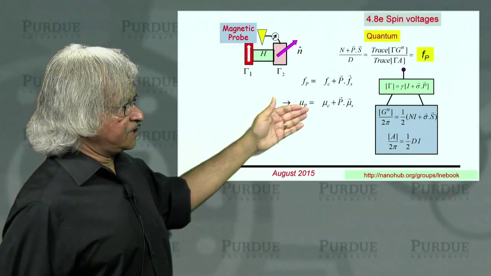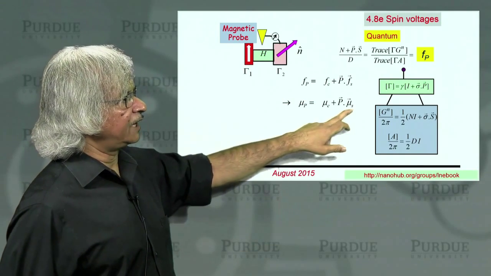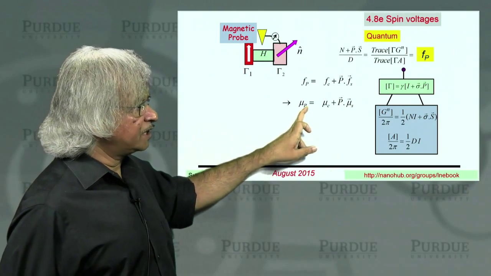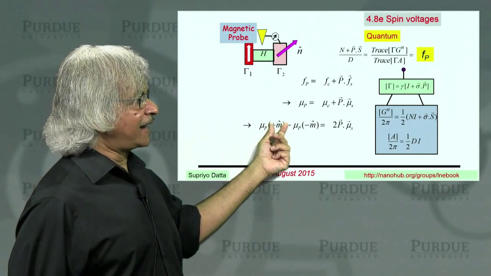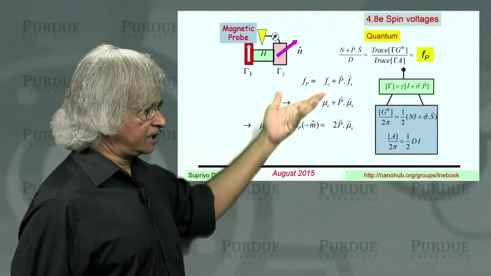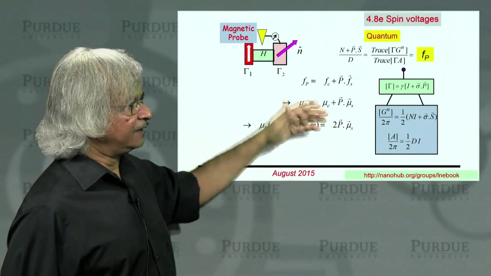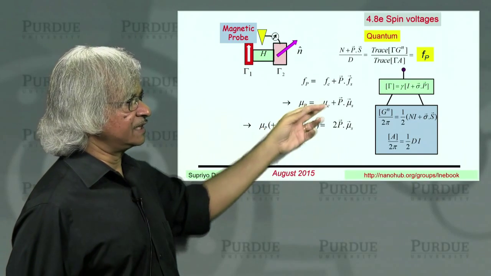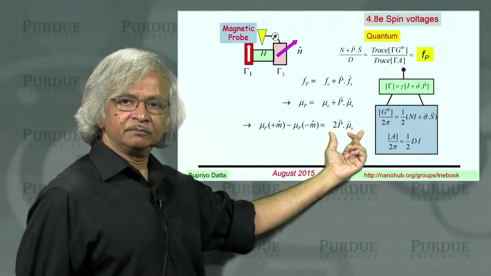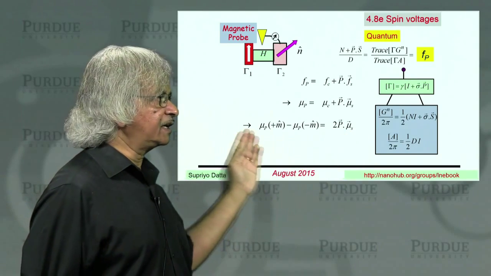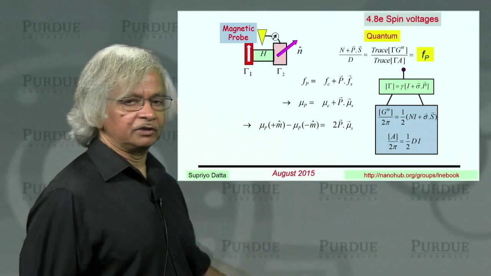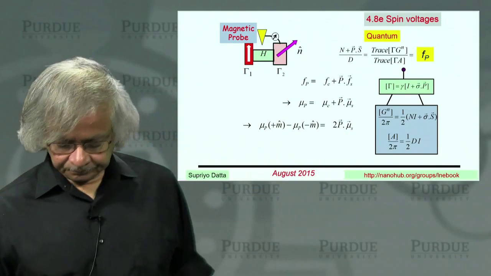And as I had mentioned earlier, a standard way of measuring the spin potential is measure mu p with a magnet in some direction, switch the magnet around so that the p becomes minus p, and then look at the difference. Because then the charge potential will cancel out and you'd get 2p dot mu s. So, this is then the standard way of using probes to figure out the spin potential.